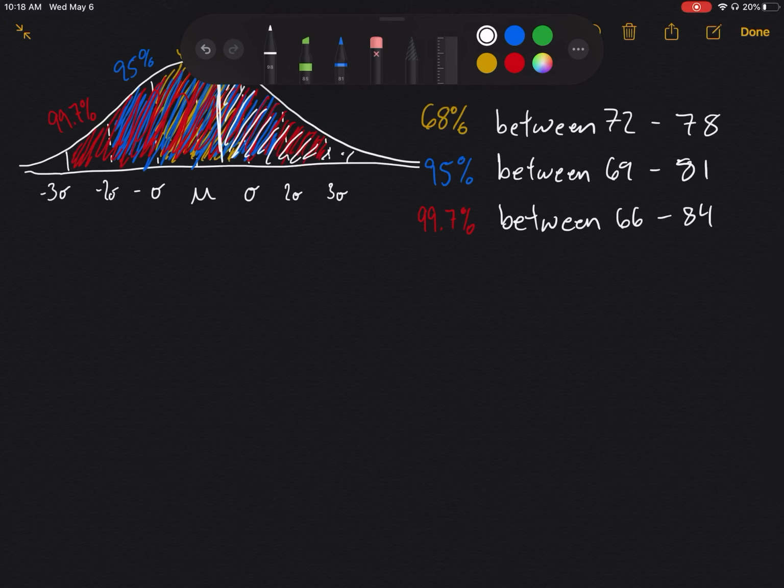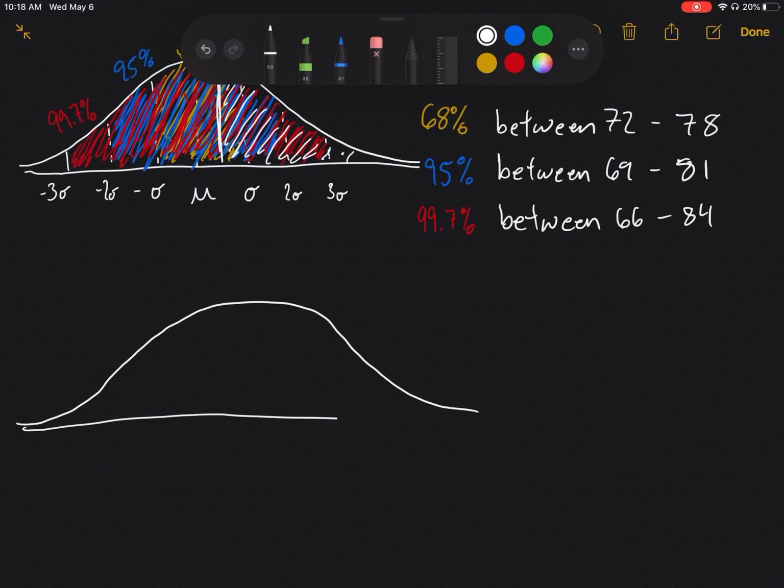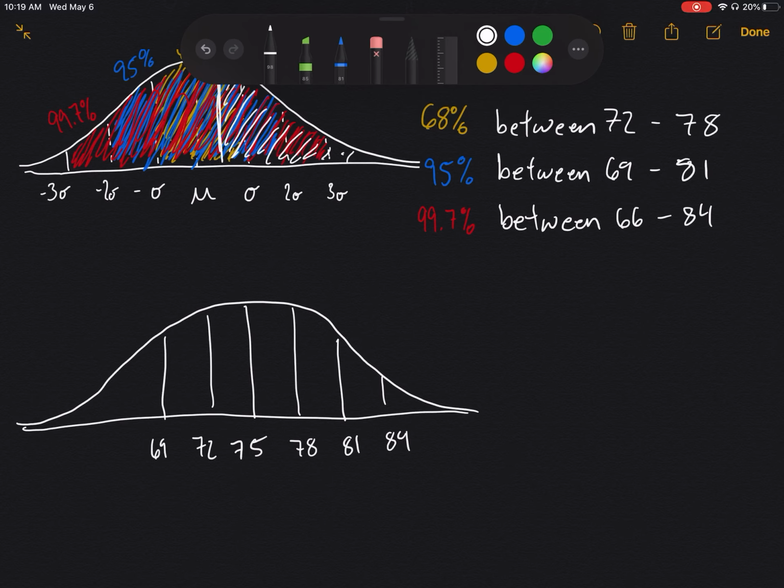Okay, so I've got a bell curve here, and we're going to stick with the same example. I have a mean of 75, and so one standard deviation would be 78, 2 would be 81, and 3, 84, and in the other direction, 66.